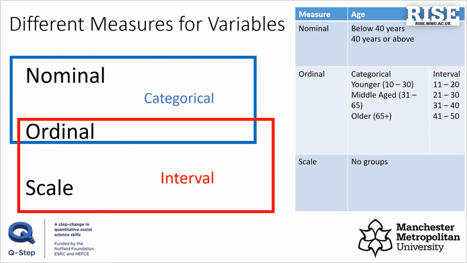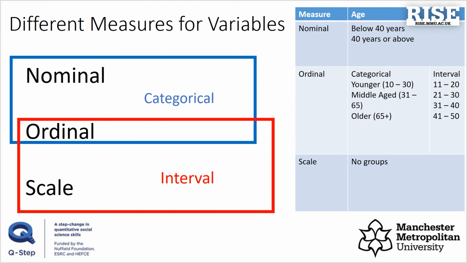If you look at the ordinal example under categorical, that is probably a measure of age that you're more familiar with, where we have a label applied to a particular group that helps us identify at what stage in our lives we are. The interval example is a bit more complicated, but all it is a bunch of different categories for people's age, where the distance in those numbers is exactly the same each time.